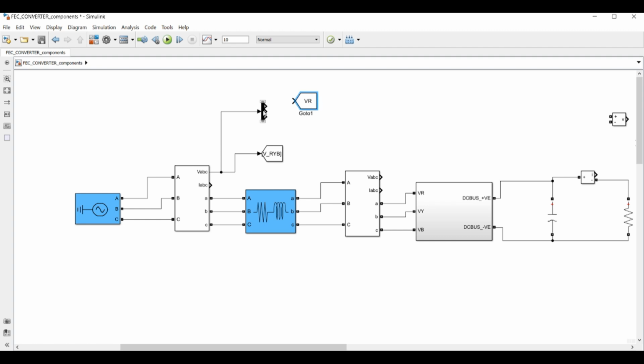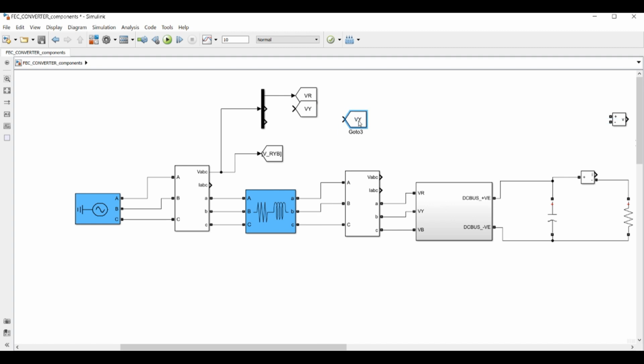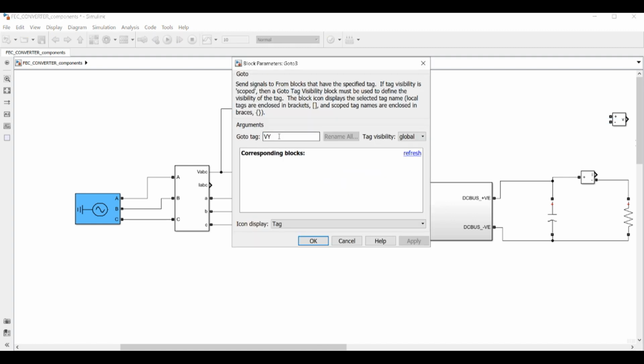So this is our VR, this will be VY, and this will be VB.